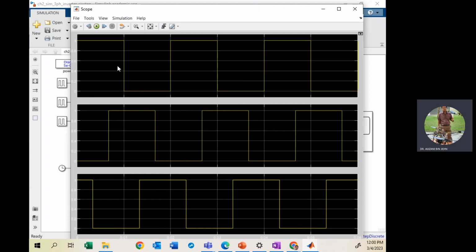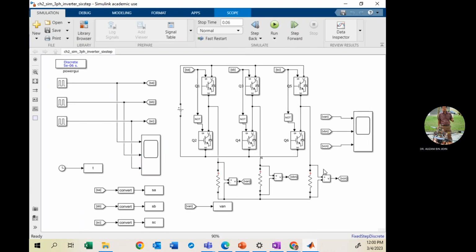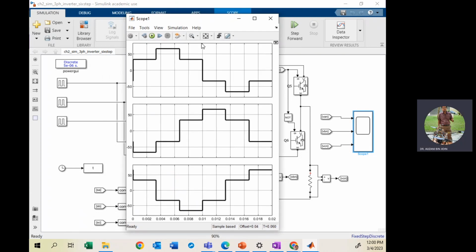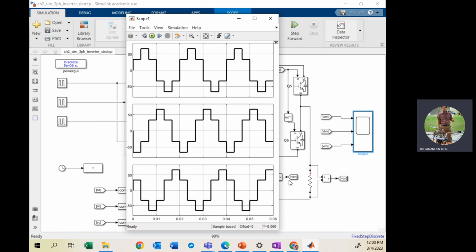Then you compare with the waveform from the lecture notes. Then the output waveform here is the output of the three-phase waveform. Same wave shape, same amplitude, same frequency, but each phase must differ by 120 degrees from each other.